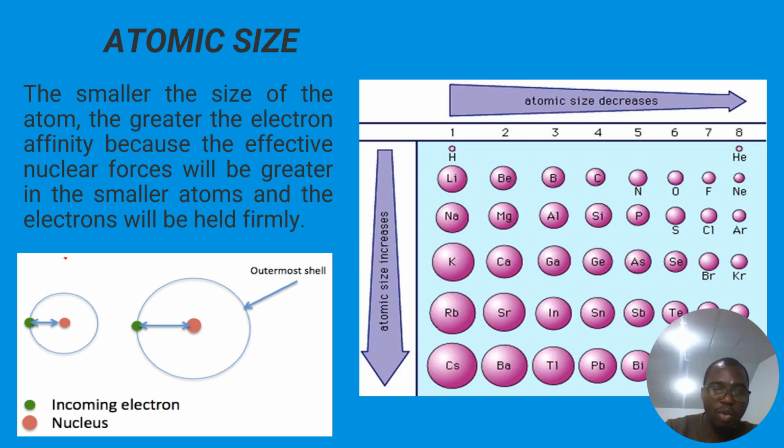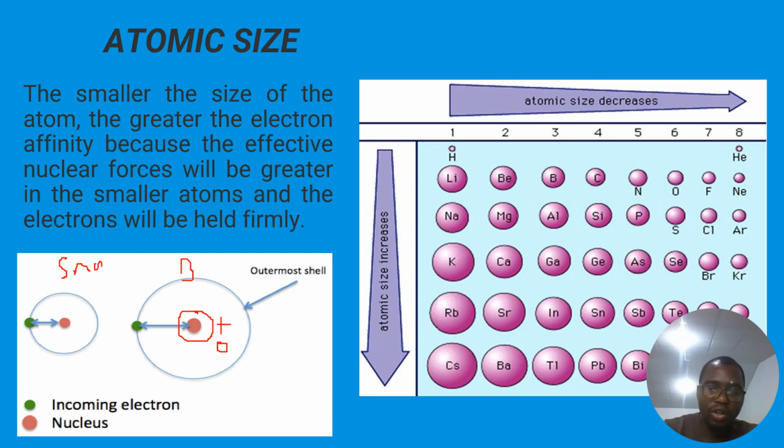So this is a small size, and then this one is a big size. Now what happens here is that the basic structure of an atom, you realize that it has a nucleus. So in the nucleus, we find protons and neutrons. The protons are positively charged and the neutrons have got a zero charge, which means that the nucleus in general is positively charged because the only charge that is present in the nucleus is that of the proton, which is positive.